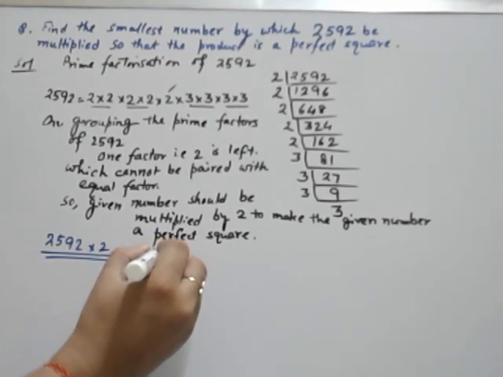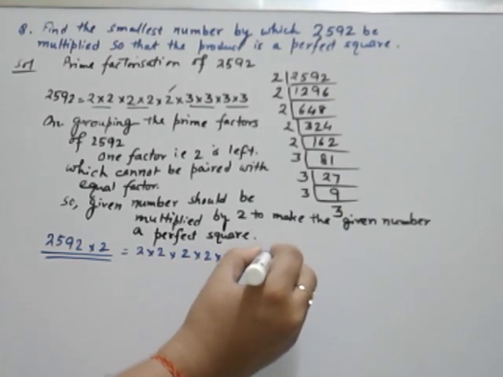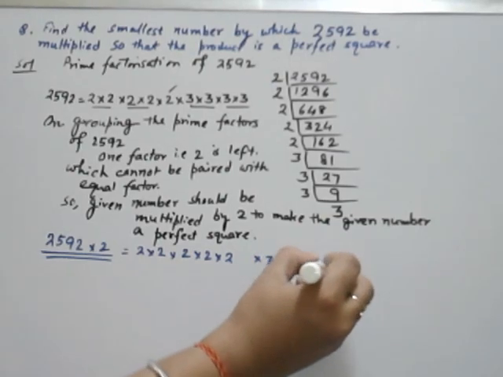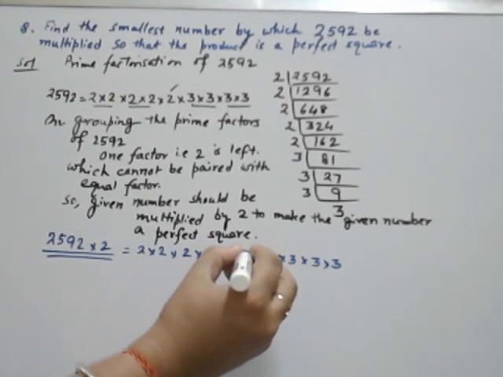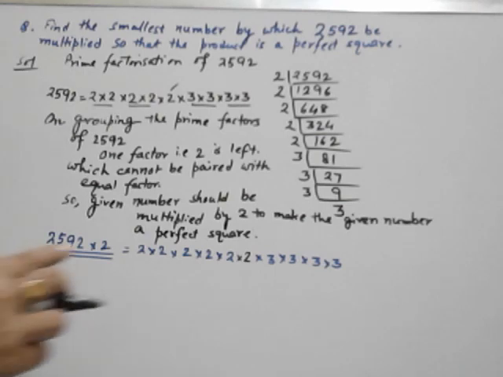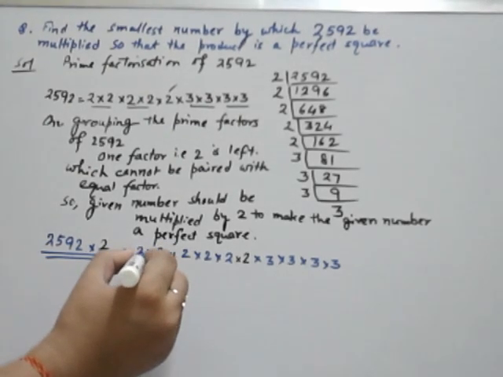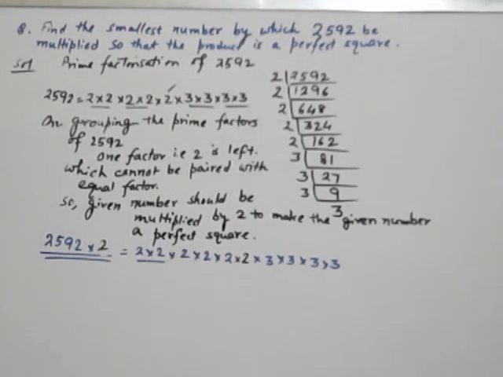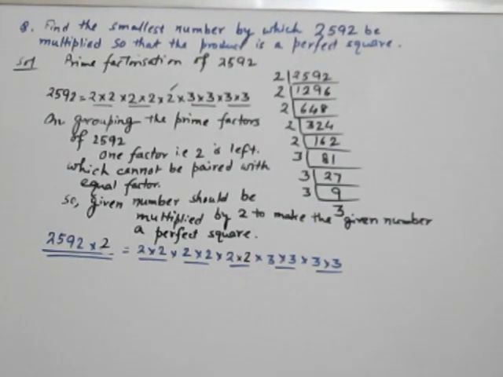So if you multiply it by 2, if you group in the prime factors, all the factors are paired. Now take one factor from each group.